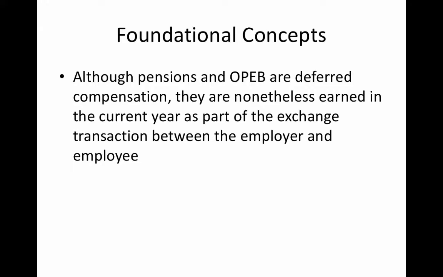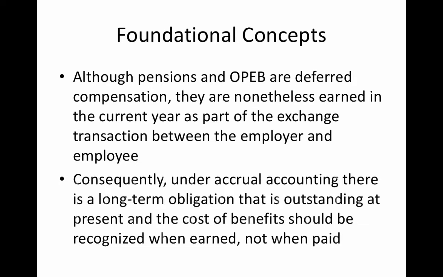This is a deferred form of compensation that the retirees won't receive until the future, but it's something they earn while they're employees, while they're working, which argues that there is an obligation, there's a liability that needs to be recognized long before they are actually retired and ready to receive those benefits.